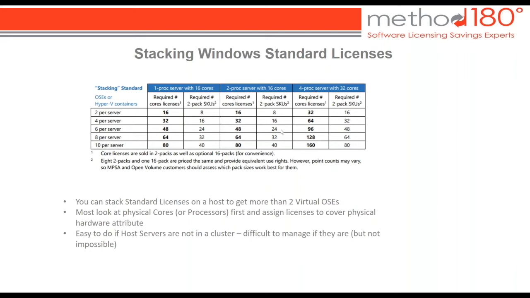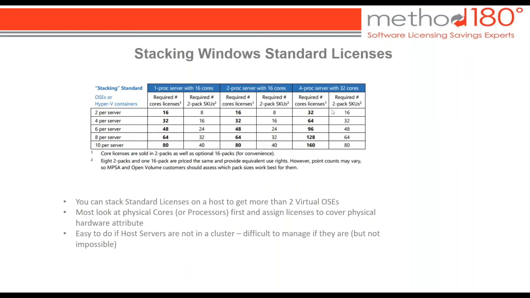Okay, so again, I just want to hit back on this one more time. From a standard perspective, it is the number of cores in the physical box that earns you the rights to 2 VMs. So 32 cores in that physical box, I get 2 VMs for 32 cores. Whereas in this box, it has 16 cores, I get 2 VMs for 16.